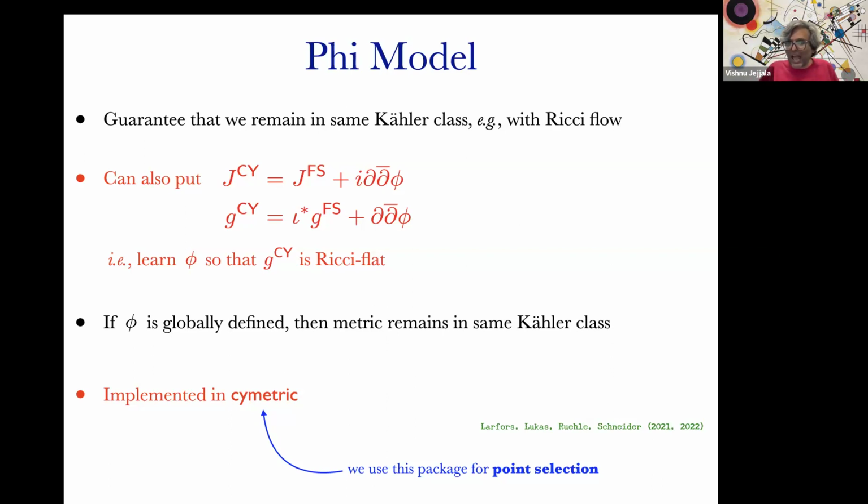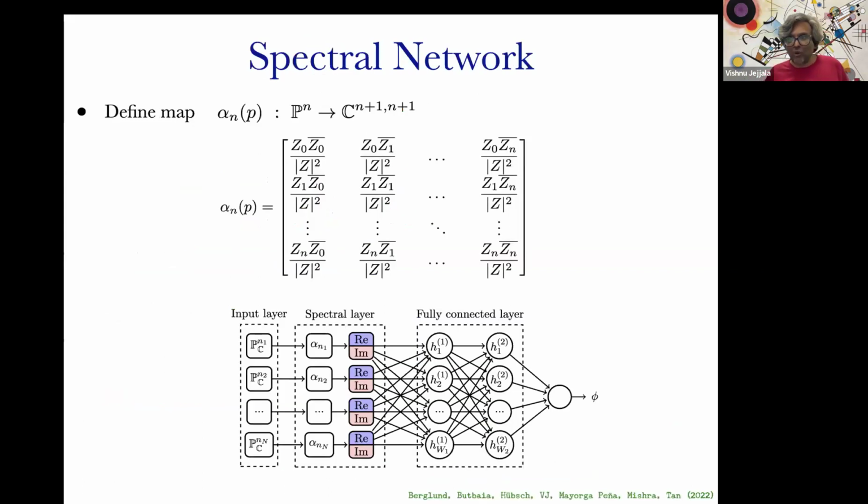We mainly use this package for point selection. We'll use the same idea behind the phi model, but find a different way of finding the flat metric by solving for phi. We use what's called a spectral network. The previous implementations of the neural network essentially took points on the manifold along with the metric which lives at those points.